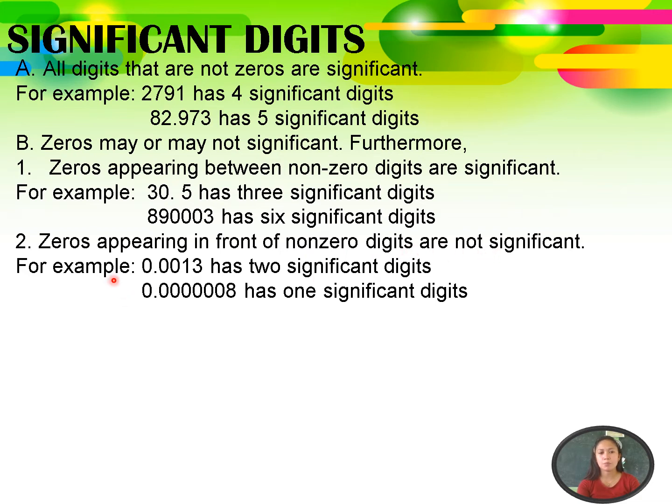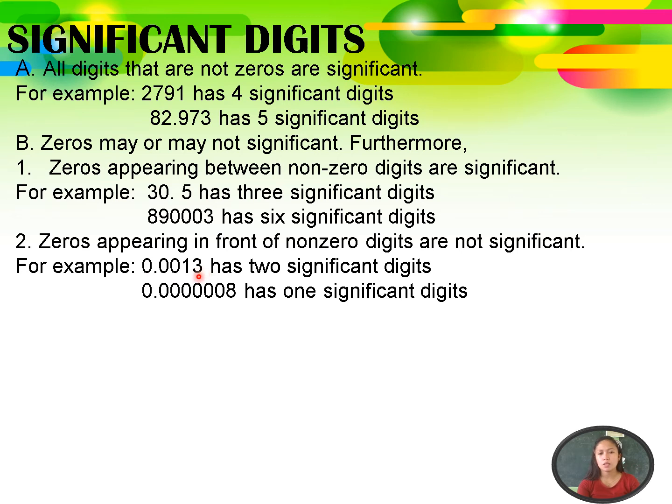So for example, we have here zeros to the left. We have here 0.0013. The zeros in this example are located at the left of the non-zero digits. So meaning these zeros here are not significant.